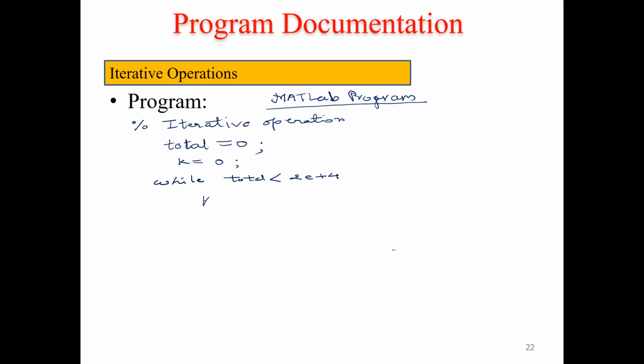Then I will increment k plus 1 and then I will update my total. Total equal to 10. While writing the expression, you have to be very careful. If it is 10k square, then you have to use the star, otherwise it will show an error. Then star k cap 2 and then minus 4k.